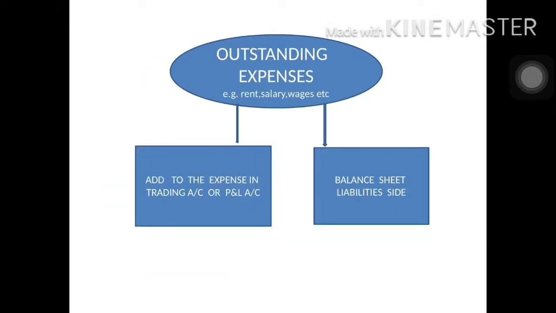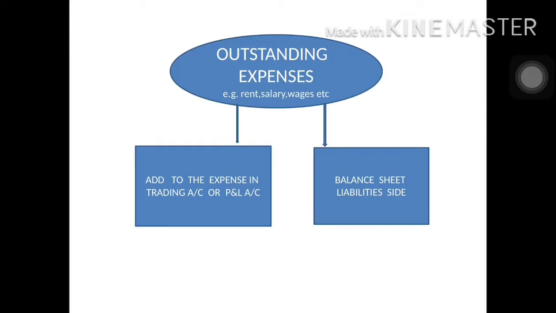Outstanding expenses. What is the meaning of the word outstanding expenses? Expenses which have not yet been paid are known as outstanding. Alright, it can be outstanding rent, outstanding salary, outstanding wages, etc. So what you're supposed to do is add it to the expense in trading account or profit and loss account. Now suppose you have outstanding rent.